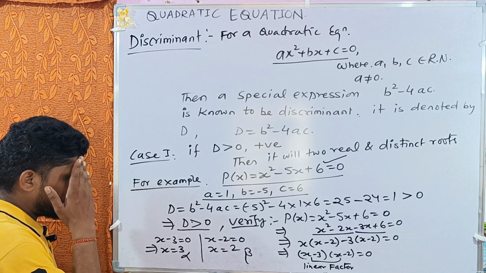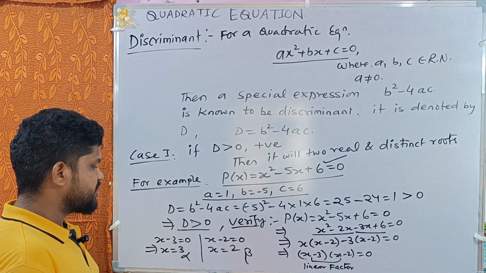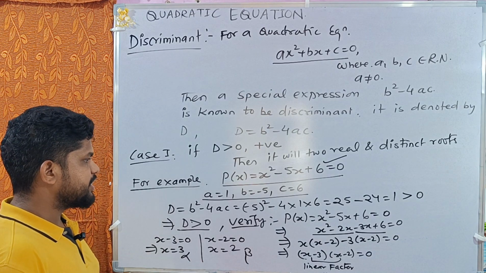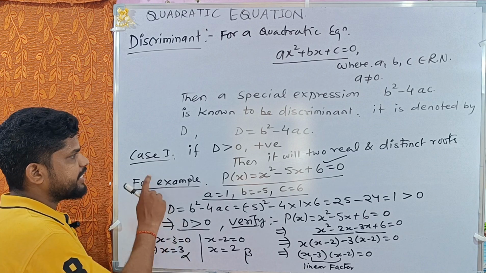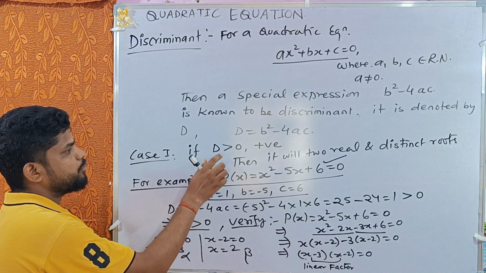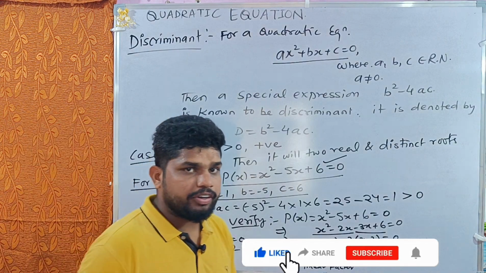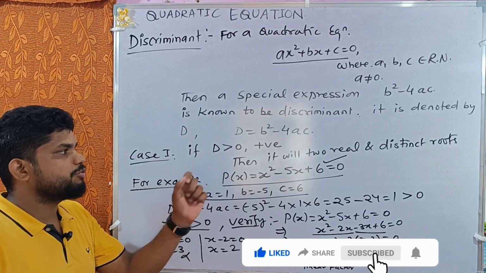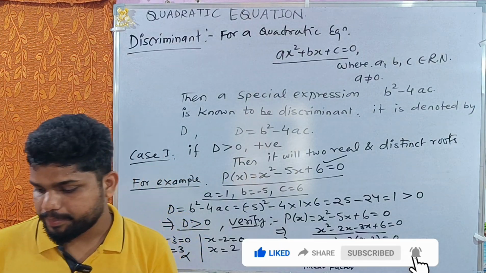Alpha is equal to 3 and beta is equal to 2, which shows that they are two real roots and they are distinct. So this condition is satisfied. This was the case for the discriminant to be positive. Now dear students, let us take case 2 when the discriminant value is equal to 0.